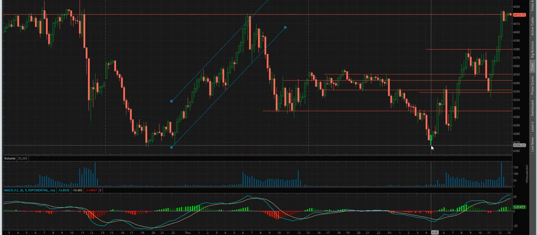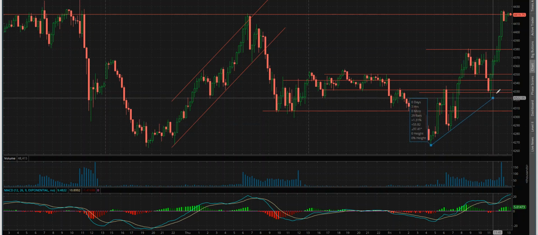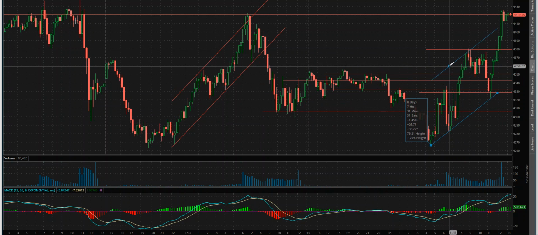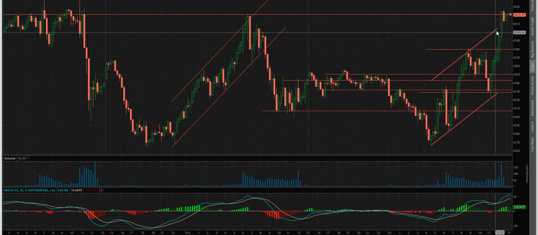Similarly, we can draw one here. Let's see if it is going to help us. So parallel here. Click on these 3 points. None of them matched, but if you see here, it hit here and came back again, surpassing this one. So it's not a good sign either.